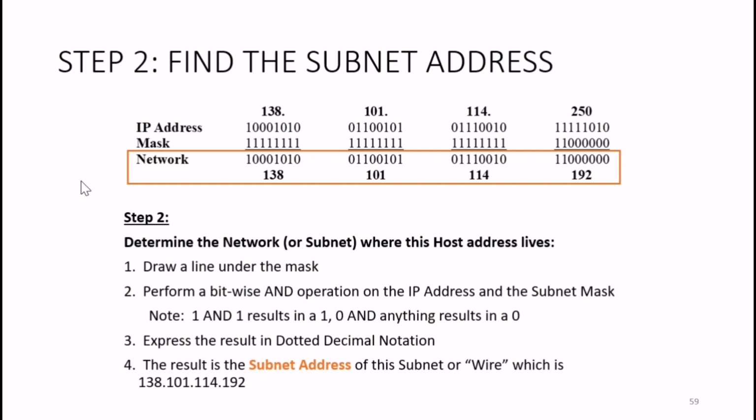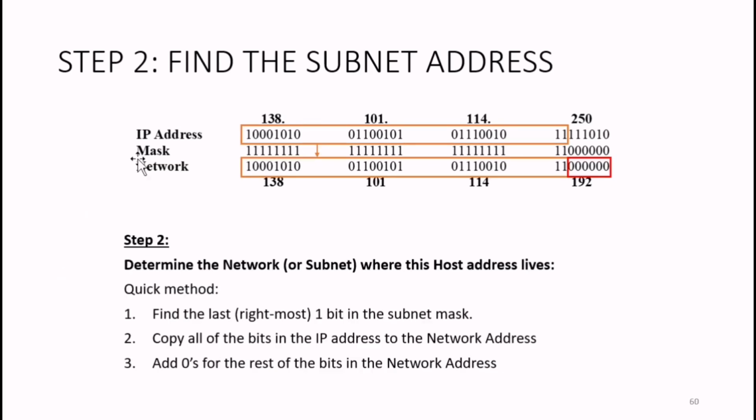The next step, which is still in step 2, is to define the host of the subnet address. You need to find the rightmost 1 bit in the subnet mask, which is here.